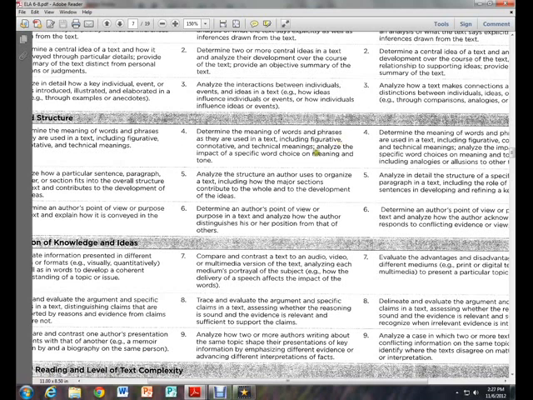We're going to take it to the next level and we're talking about analyzing the individual word choices, the diction choices that are used within that text, being able to analyze that and determine the meaning and how that's going to affect the tone of the overall text. So the big ideas, like I said, are the transferable pieces of information that are going to go across content areas and really go deep into this individual standard.